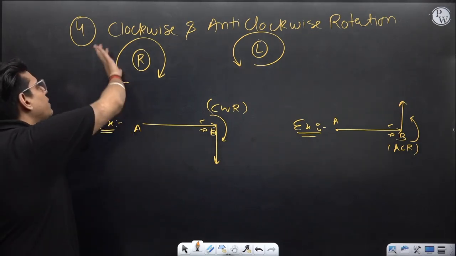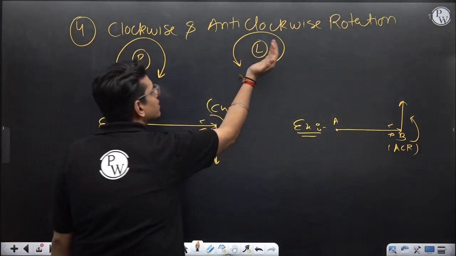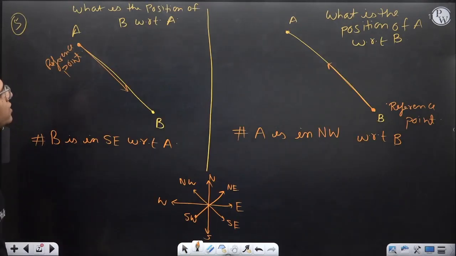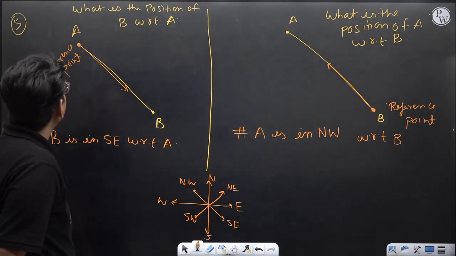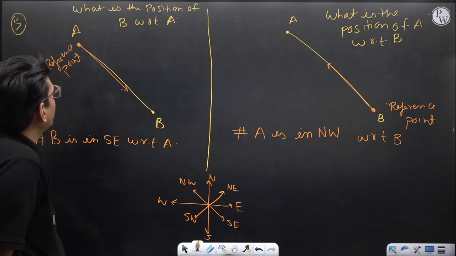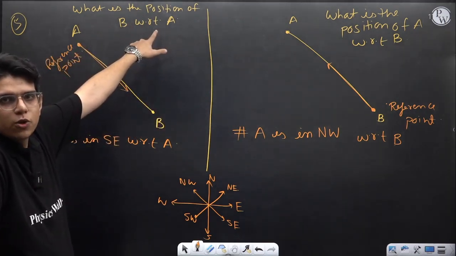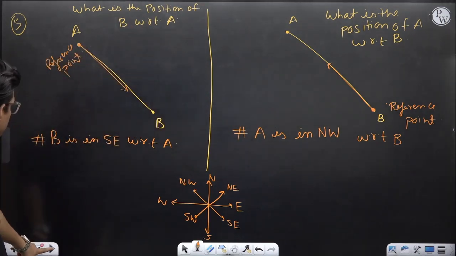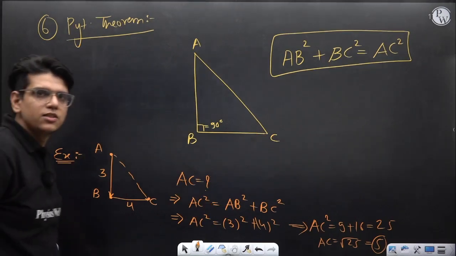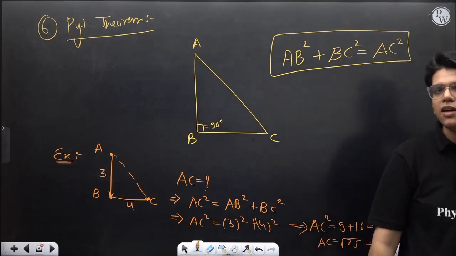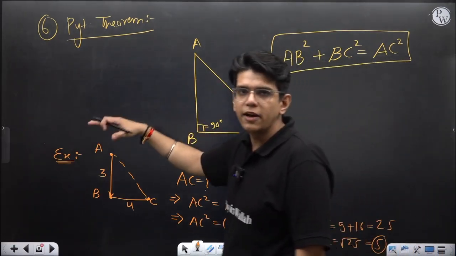Clockwise is my right direction, anti-clockwise is my left rotation. After this, how to get the position of a point with respect to another point. There are two possibilities. It depends on what is asked in the question, right? After this, we have Pythagoras theorem. So all the things we need to solve questions from direction are these 5 to 6 things.